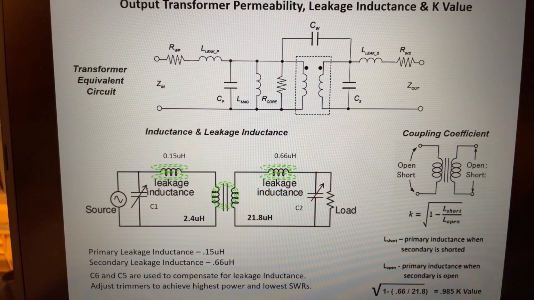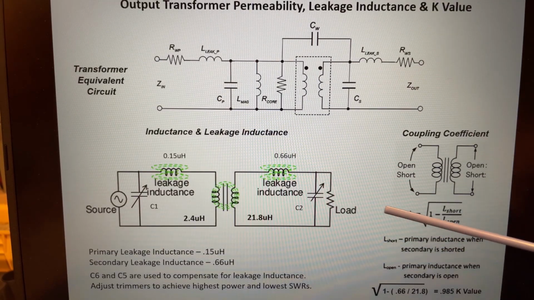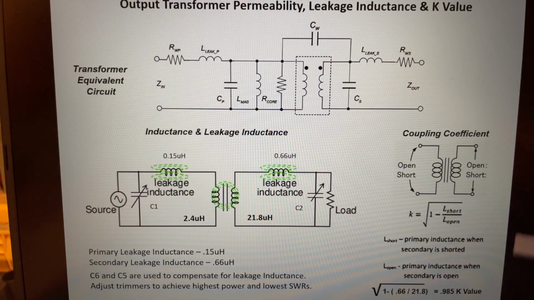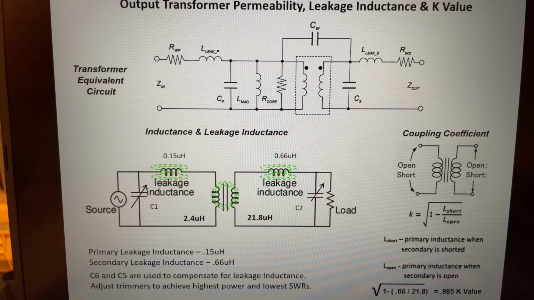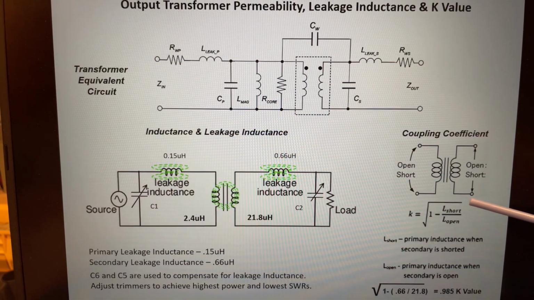Now for LTspice, we also need to determine the coefficient for the transformer, the coupling coefficient, how well the primary and secondary are coupled. So here I just looked at the secondary side, and here's the formula. The coupling coefficient is equal to the square root of 1 minus the inductance shorted over the inductance open.